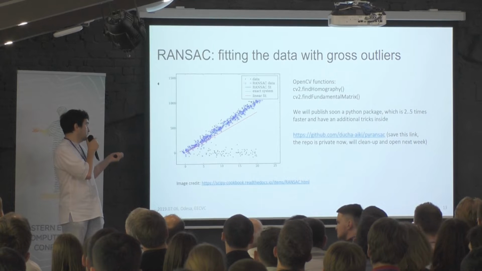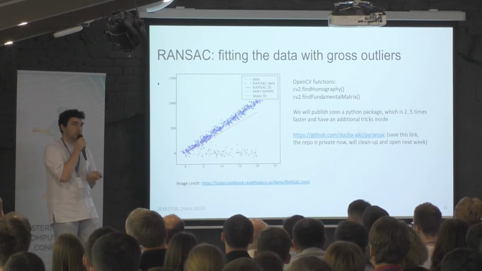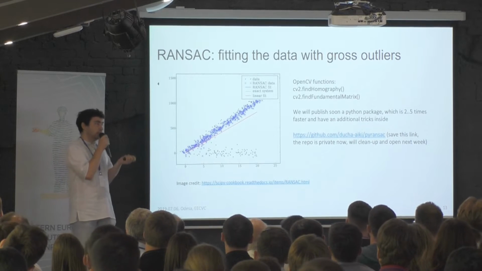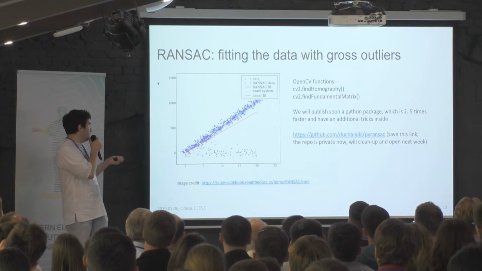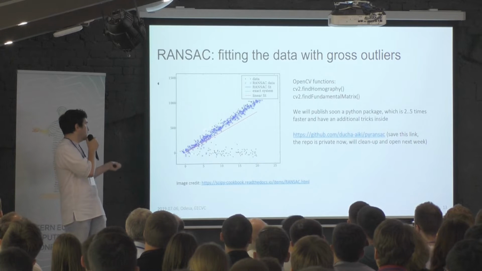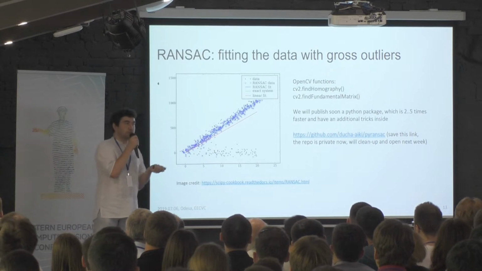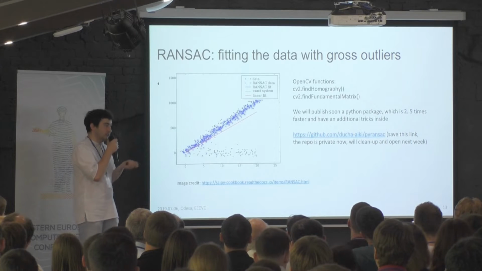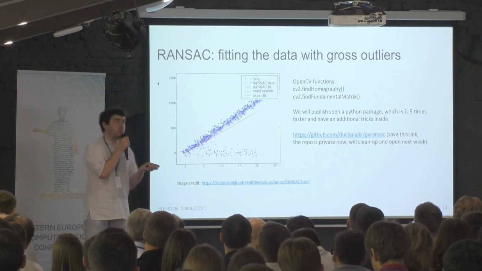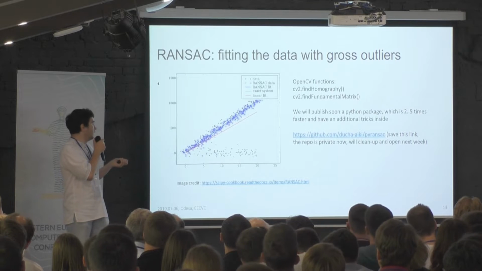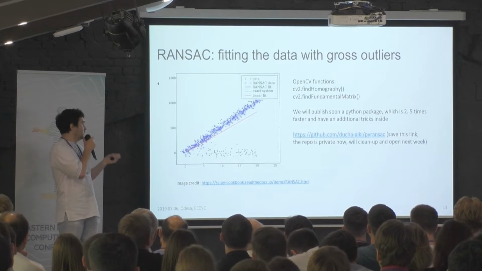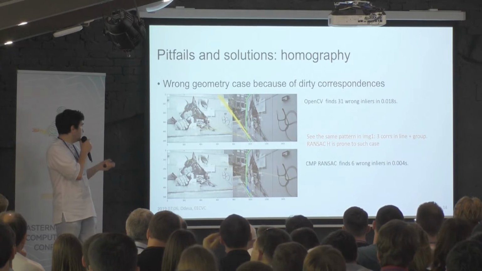So instead, you sample the minimum number of points needed to find your model. For a line it's 2, for homography it's 4, for the fundamental matrix it's 7. Then you draw this line, and in the neighborhood of this line you count the number of data points which are consistent with it, and you pick the model which has the best number of associated points. This is not a very old algorithm, but it's from the 80s, and it is also implemented in OpenCV.